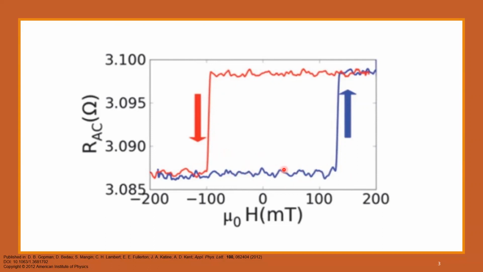Generally, the interactions between layers are described by a single dipole field. This consideration is sufficient to understand the shift of the center of the hysteresis loop. For this structure, the average dipolar field is equal to 20 millitesla, and as you can see from the figure, the shift of the center of the hysteresis loop is approximately equal to 20 millitesla.